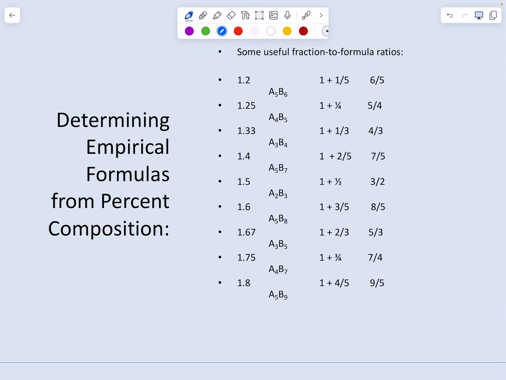For example, if one of your numbers is 1.2, then your formula will wind up being A5B6, and so on and so forth. If you look, we had 1.5. This was the previous example.